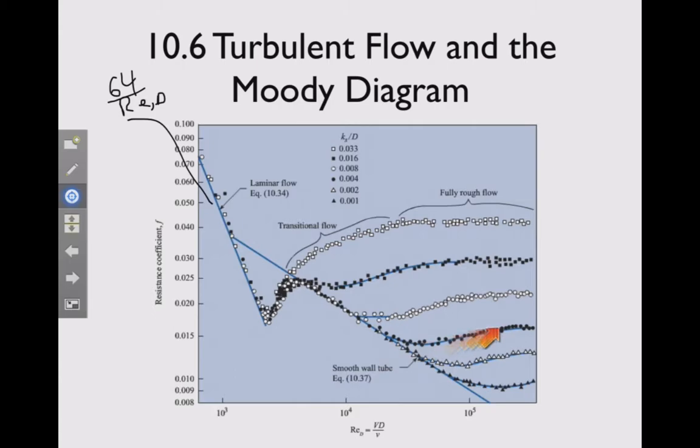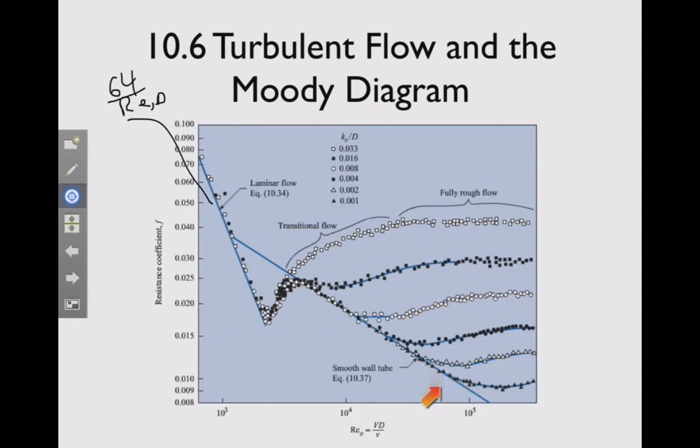You can see that this is the smooth wall tube, and then all these other lines were experiments that his graduate student did, depending on the roughness of the inside of the pipe. And so here are the data for when the roughness is large: we get higher friction factors, which makes total sense to us. And when the relative roughness gets small down here, for the most part we're actually equaling that of a smooth wall.